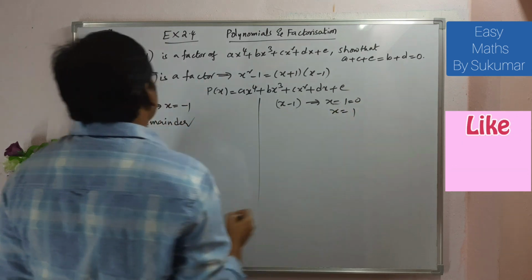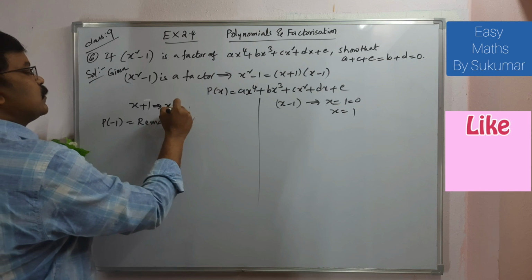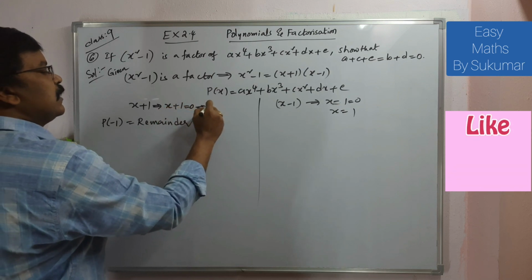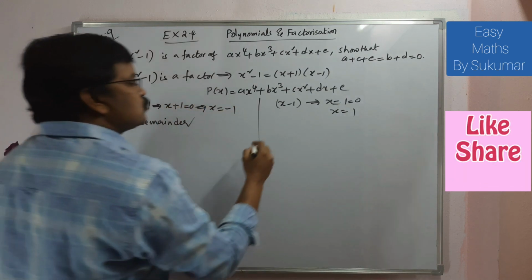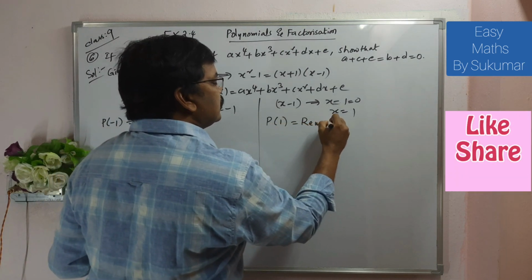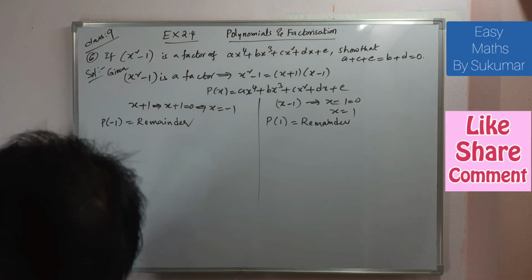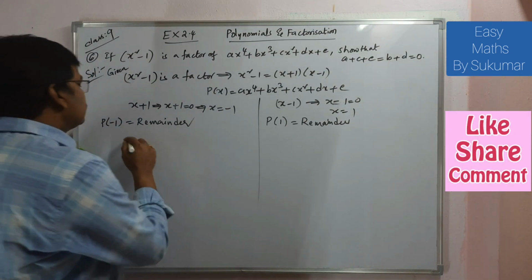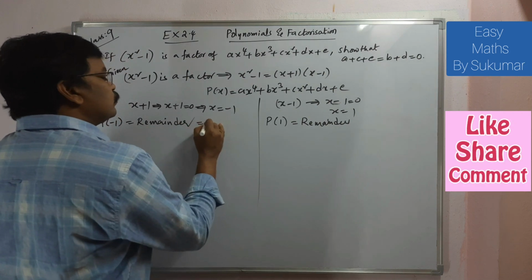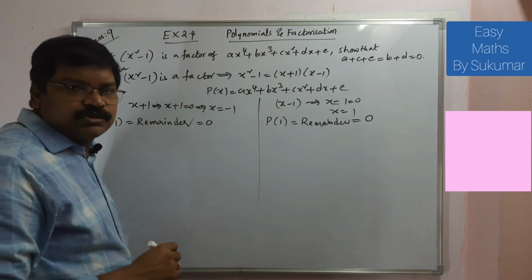That means x is equal to 1. So what is the remainder here? In this case, p of 1 is the remainder according to the remainder theorem. But given here, both are factors. That means the remainders are equal to 0.